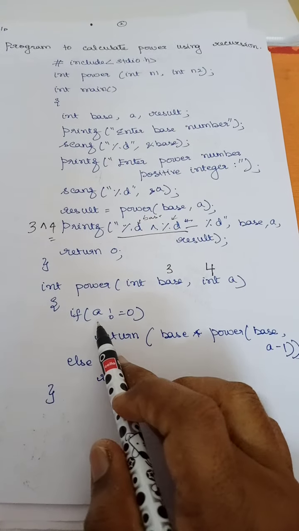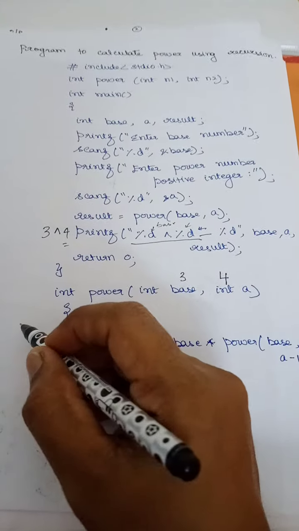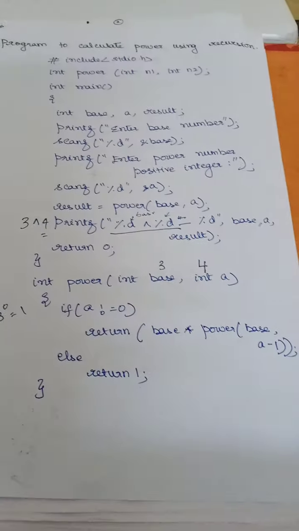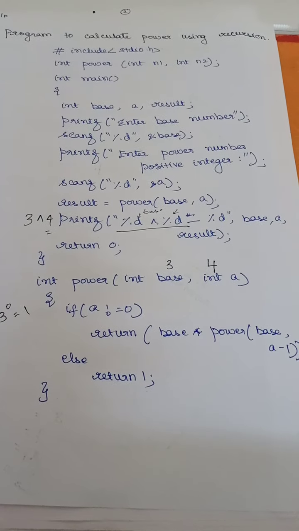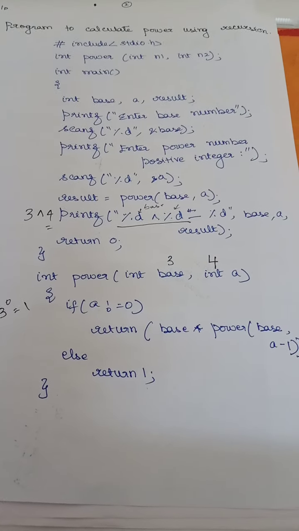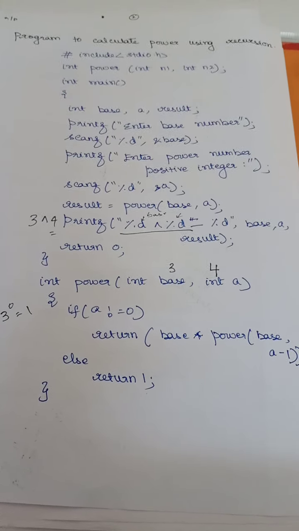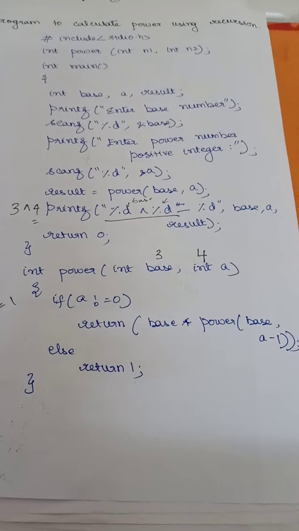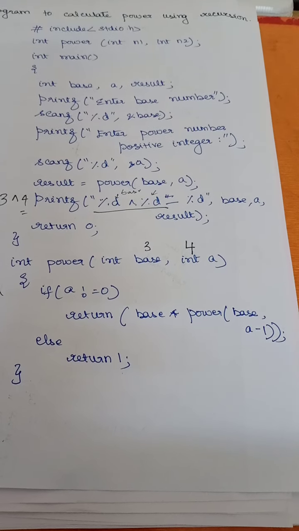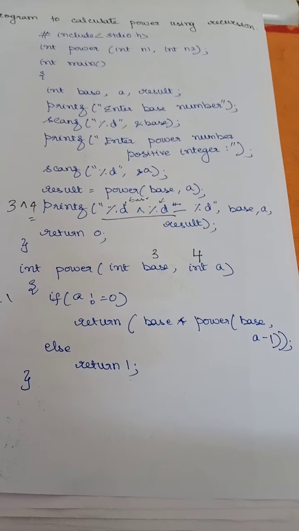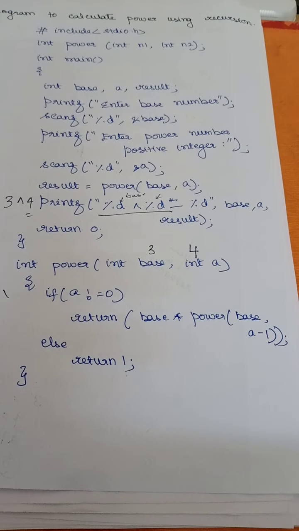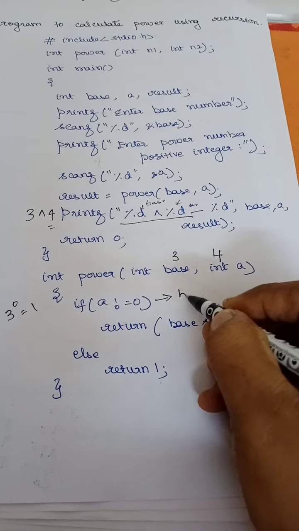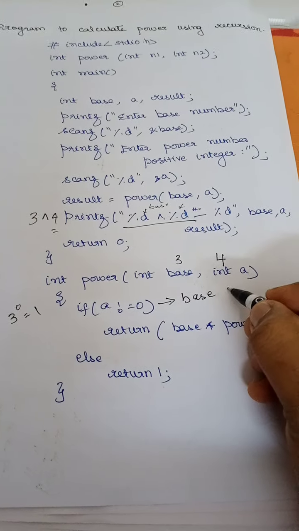Now I am checking whether a is not equal to 0. You know already the condition, anything to the power 0 is going to be 1, right? If you want, you can add this condition in our previous program also, right? So a power 0, if a is not equal to 0, because for recursion you need to compulsorily have the base condition, and this is going to be my base condition, right?